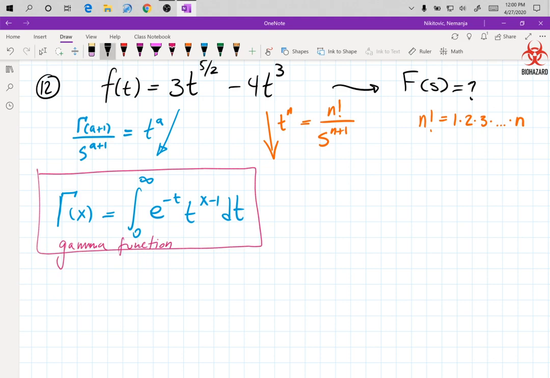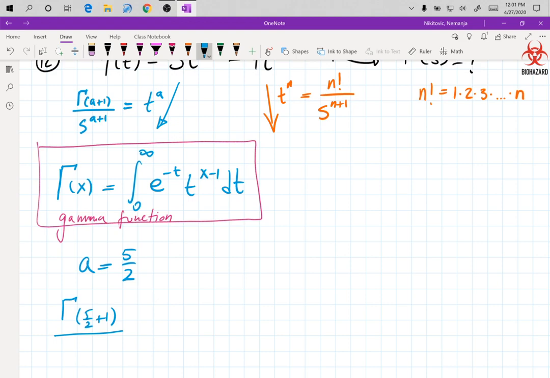All right, so let's go and deal with the gamma function first. Since a is equal to 5 halves, I am supposed to now compute the gamma function of 5/2 plus 1 divided by s to the 5/2 plus 1 in the exponent. Well, this is the gamma function of 7/2 divided by s to the 7/2.